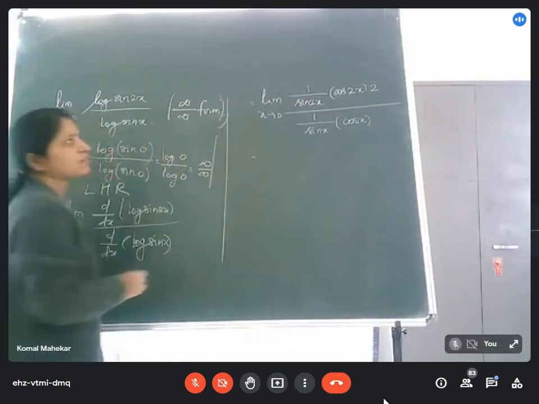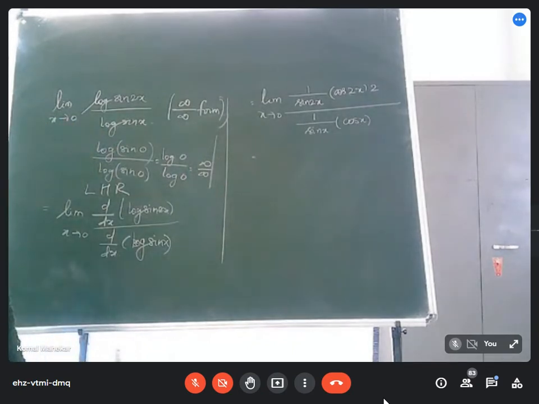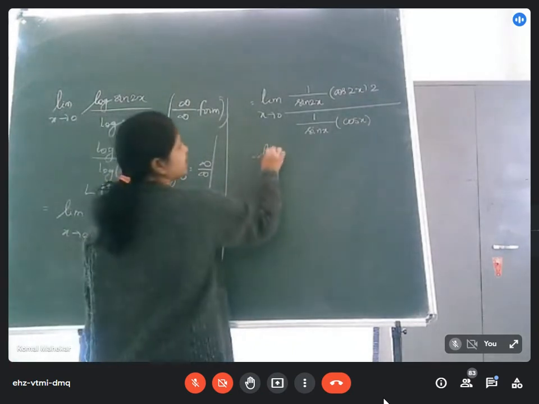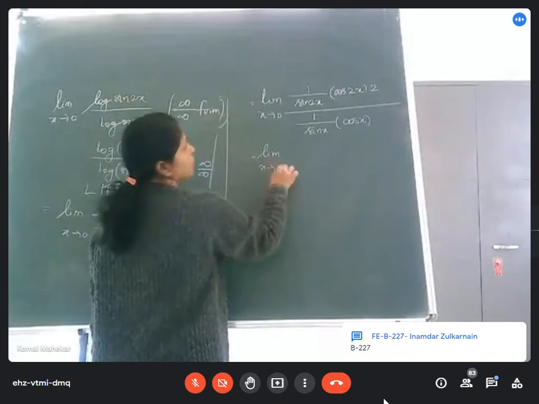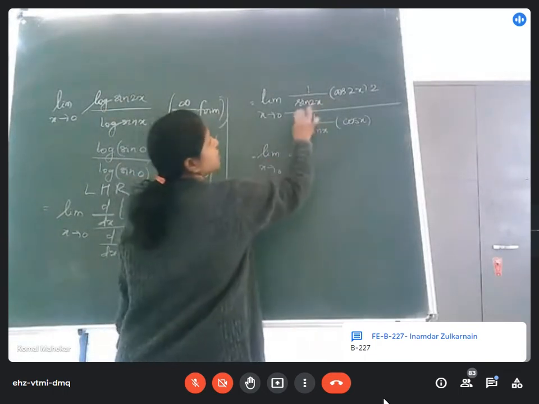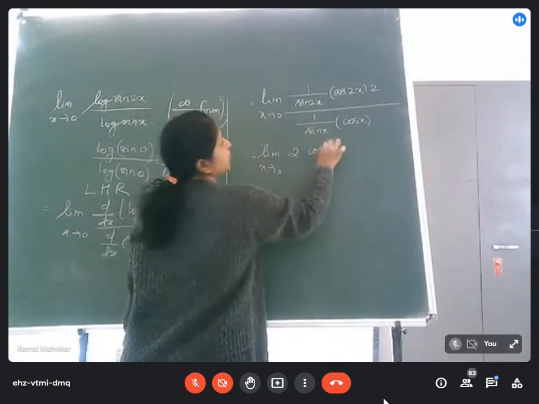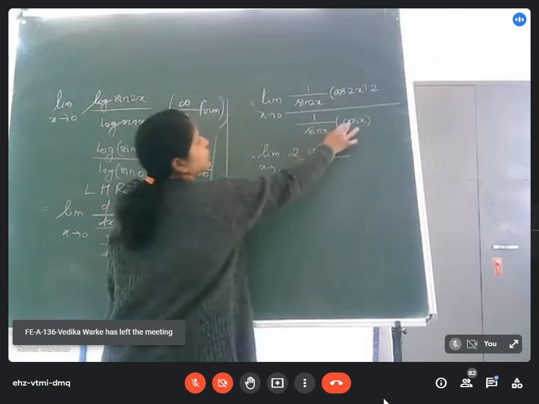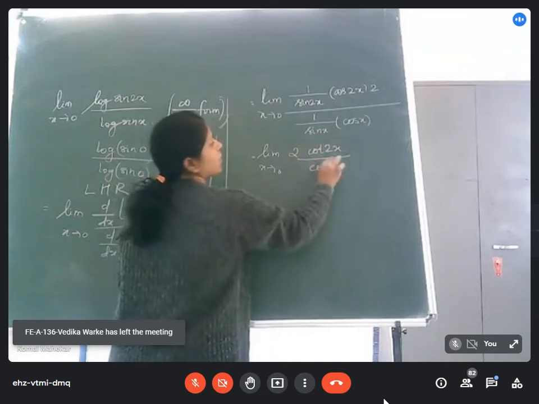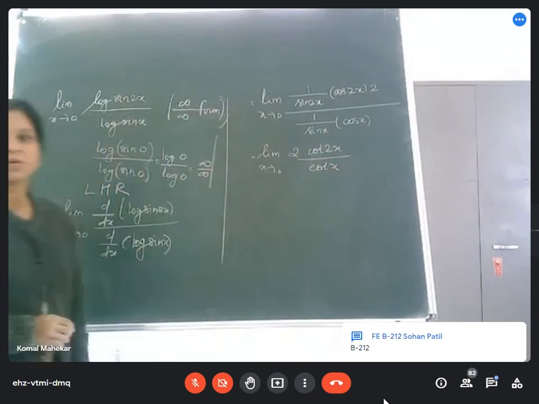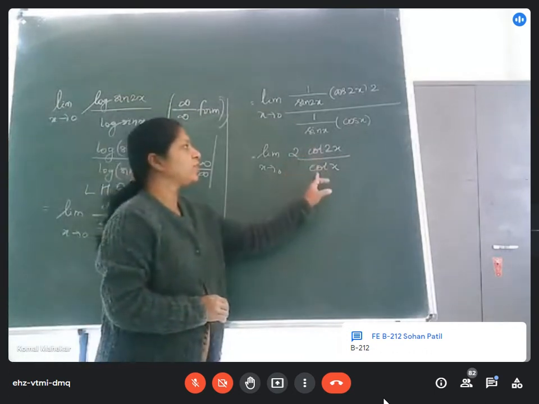So this becomes limit x tends to 0 of 2 in the numerator, cos upon sin, that is cot 2x, divided by cos upon sin, that is cot x.